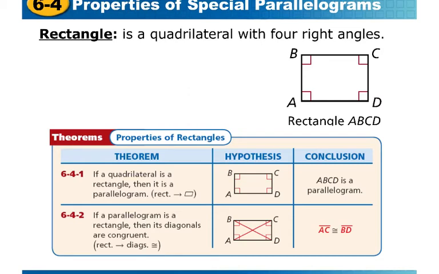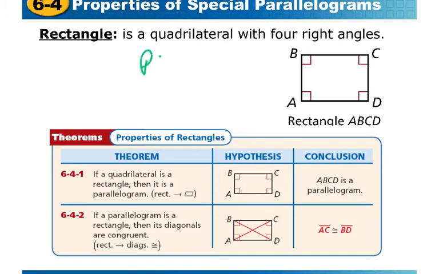So the first piece here is by its definition, if you will. If a quadrilateral is a rectangle, then it is a parallelogram, meaning that it's a subset of parallelograms. And so that was that whole flow chart.